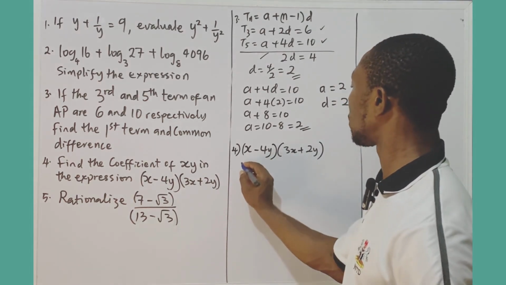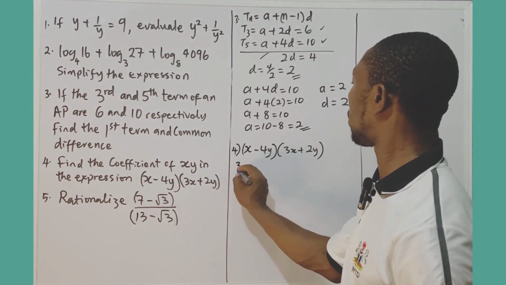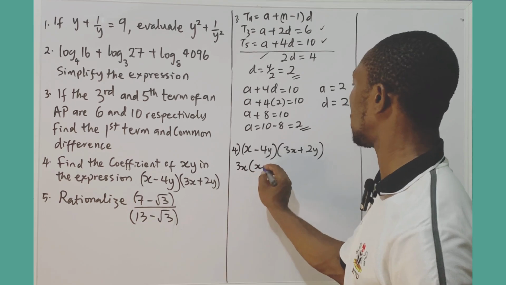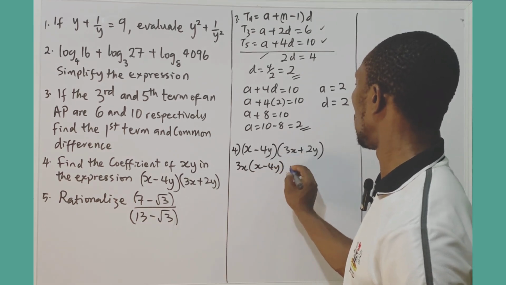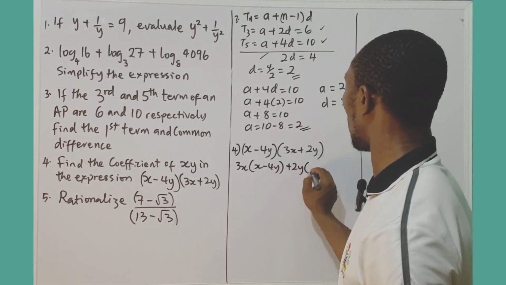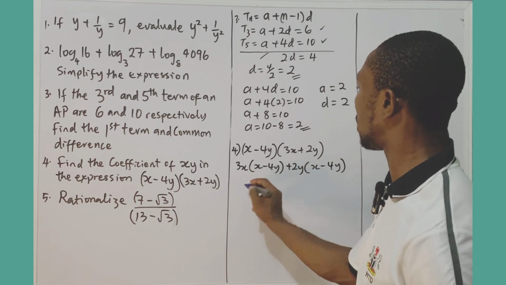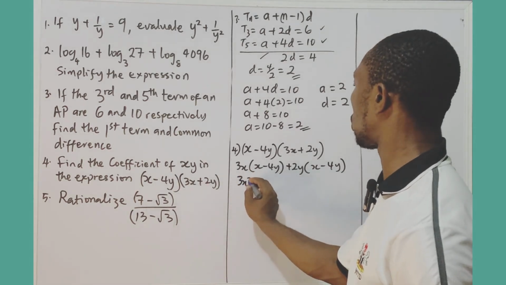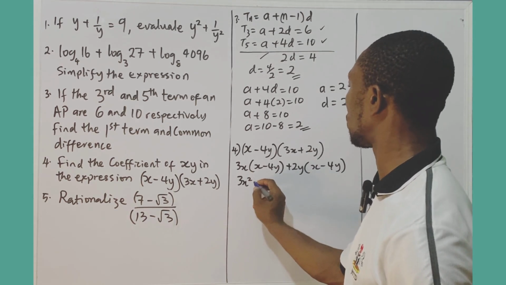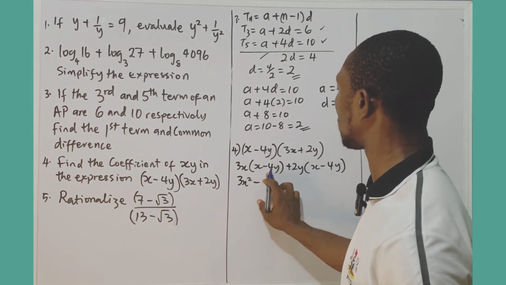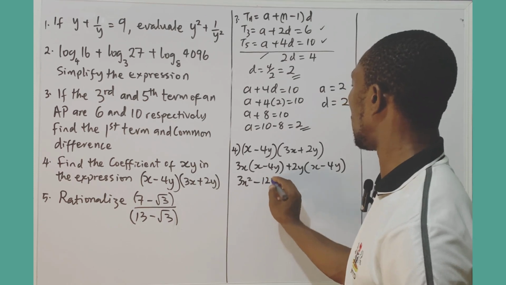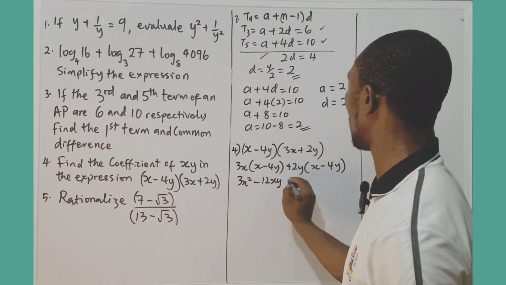So this becomes 3x bracket x minus 4y plus 2y bracket x minus 4y. Alright, 3 times this gives us 3x squared. 3 times this gives us minus 12, 4 times 3, 12. Minus 12xy.